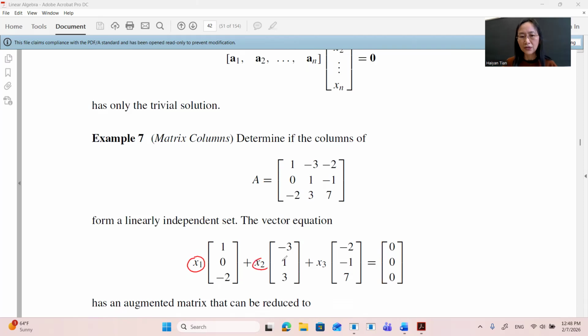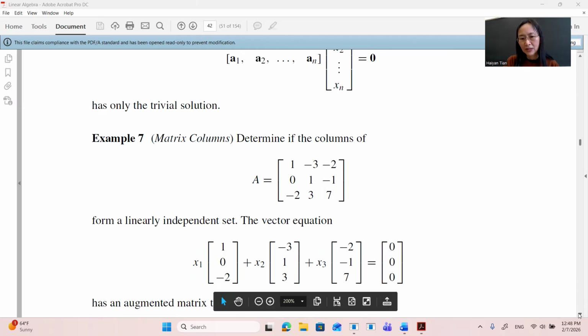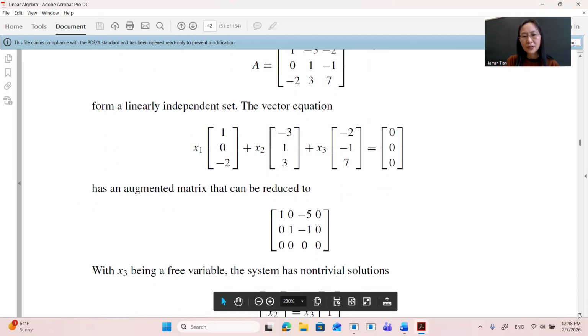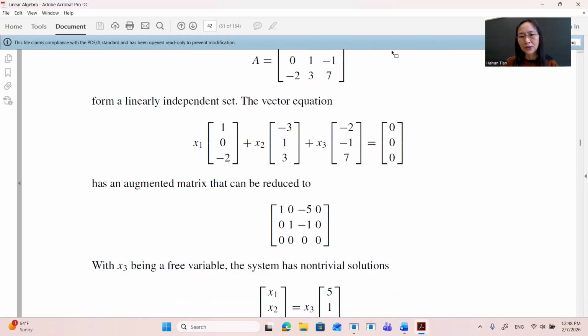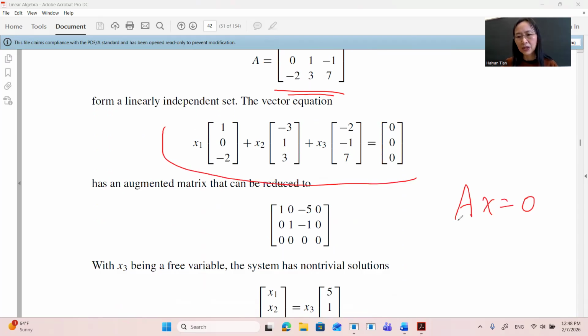So we need to solve for x1, x2, x3, the weights of the vectors. Of course, if you write immediately using this A, we can also write the same system into A x equals 0, the matrix equation form.